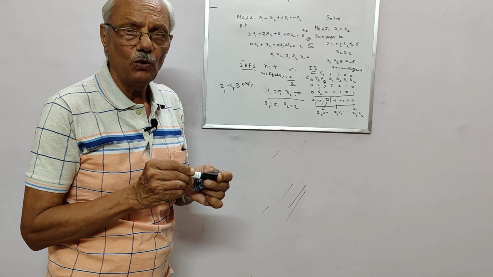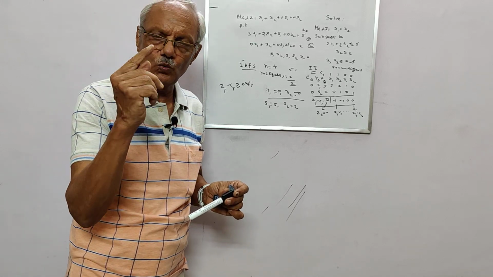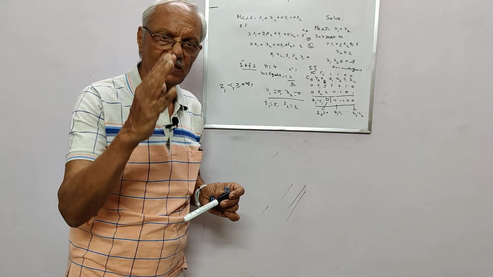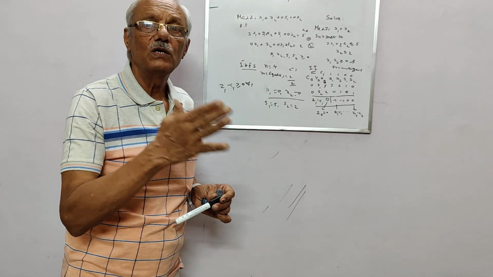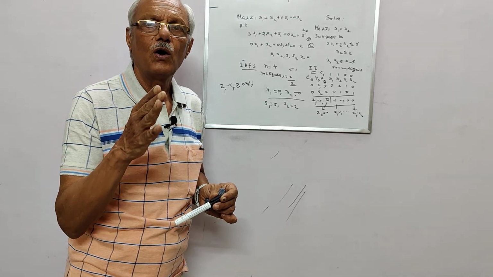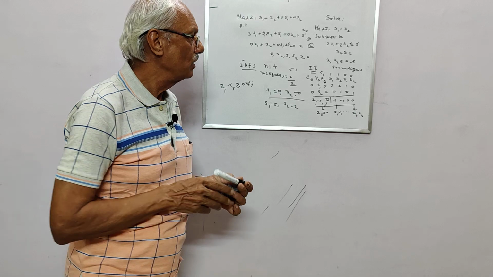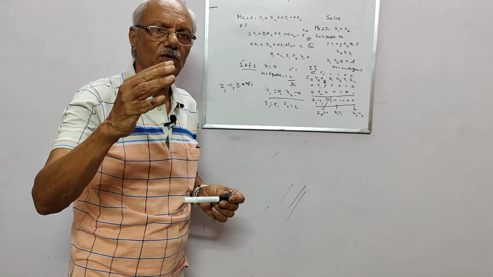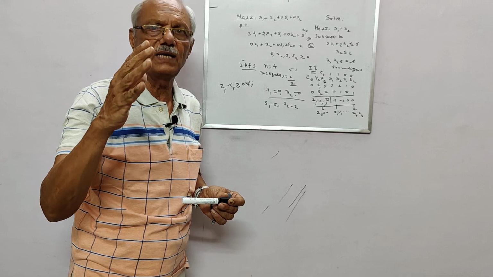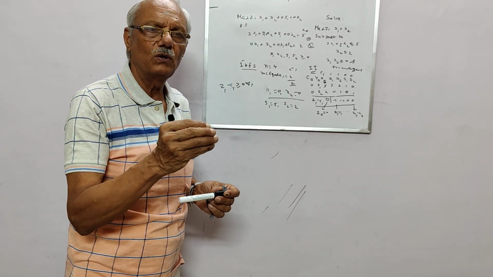Even if for one value it is negative, then you must pass on to the next iteration, using a certain procedure that I will teach you now. I have taught all these things in that video, but I am repeating this again to make you understand better.